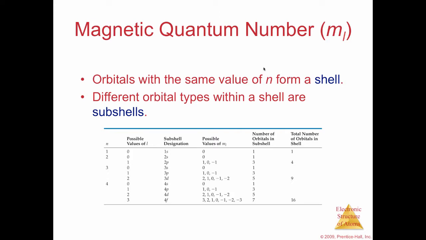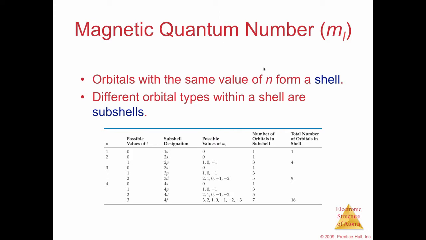The third shell has a 3s. It has 3 p orbitals and it has 5 d orbitals. That's a total of 9 orbitals in the third shell. Each orbital can hold 2 electrons, which means that the third energy level can hold a maximum of 18 electrons.